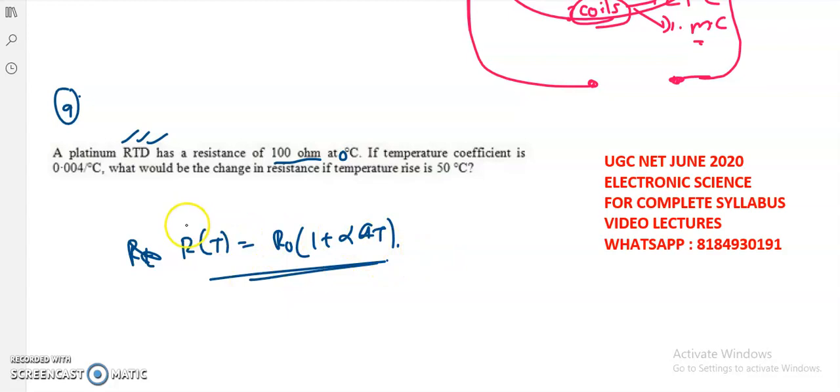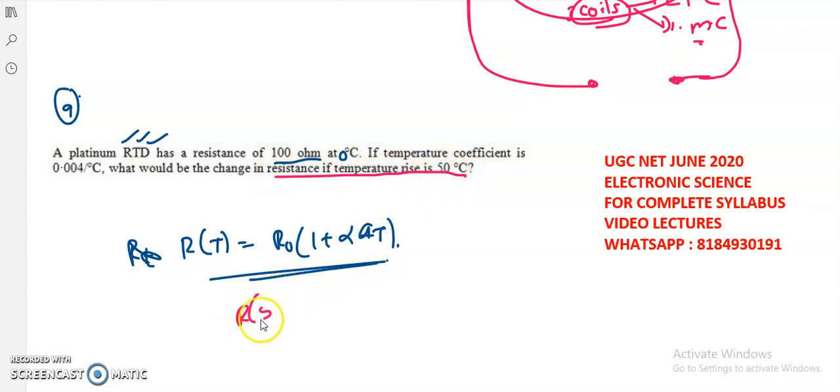What this formula says is that resistance at a particular temperature capital T is equal to resistance at 0 degree centigrade into 1 plus alpha, which represents the temperature coefficient, into delta T. That means the change in temperature. So with this, R of T, that means at which temperature he is asking to find the resistance: 50 degree centigrade.